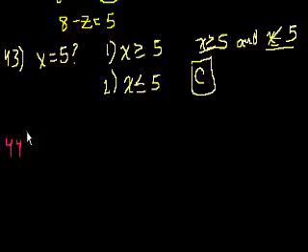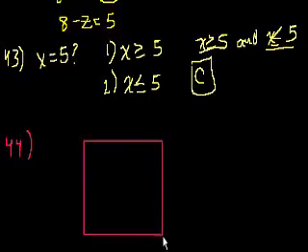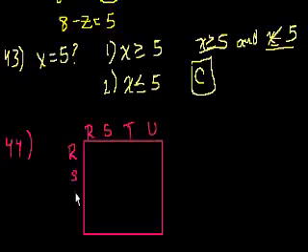44. The table above shows the distance. Let me see if I can draw this table. They write R, S, T, U across the top and down the side. They have a bunch of things. I don't even know what these are yet. I haven't read the question, but let's see.